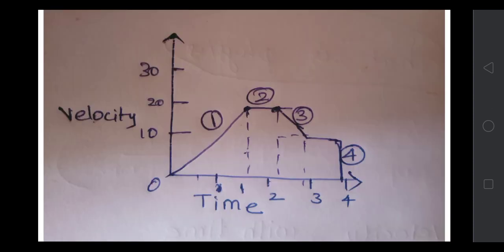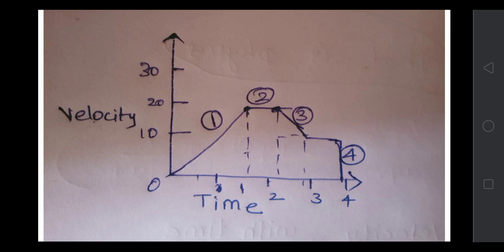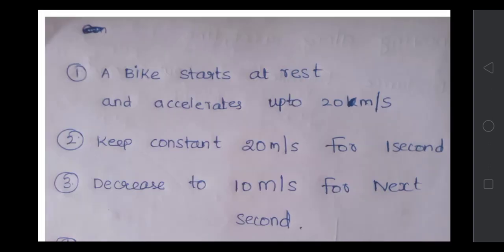Then again constant velocity, and suddenly the brake is applied and it came to 0. This is the question. This needs many conceptual understandings and a good amount of practice so that you can understand it better. Don't worry if you didn't understand, because it takes a little time to understand the concept.